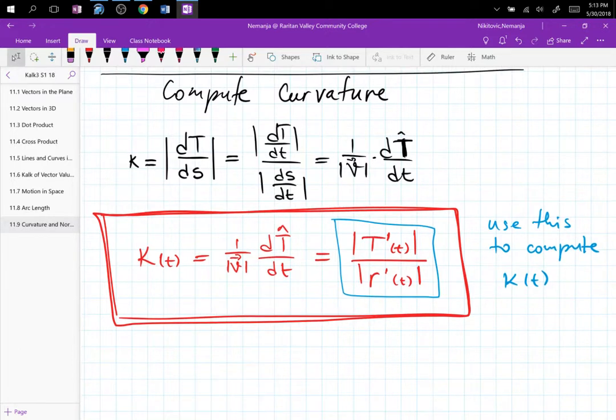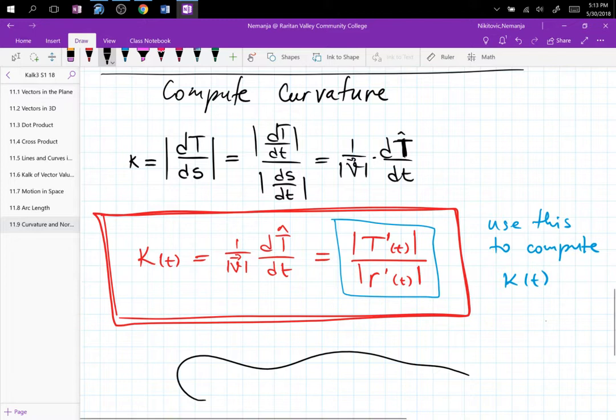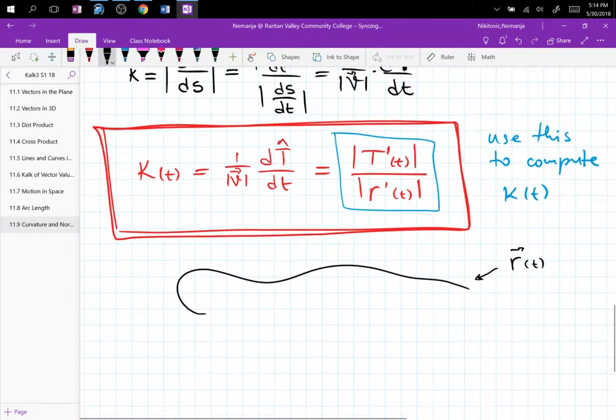Now let's put some concepts together in our heads. Some kind of a path is given to you, and this path is explained through r of t. This path sits in some coordinate system.